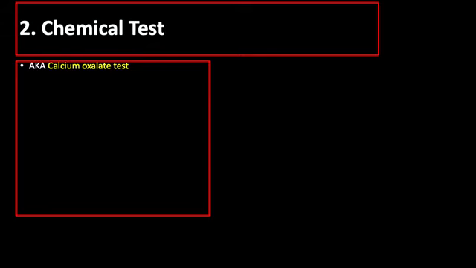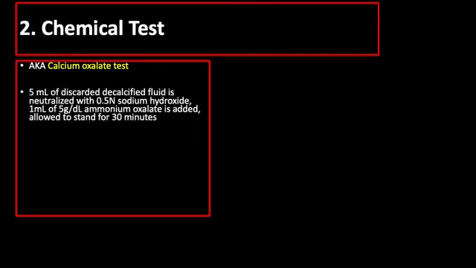So next is chemical test, also known as calcium oxalate test. So we already know that in decalcification, the decalcifying fluid is usually changed every 24 to 48 hours. So in chemical testing, 5 ml of discarded decalcified fluid is neutralized with 0.5 normal sodium hydroxide. 1 ml of 5 gram per deciliter ammonium oxalate is also added and allowed to stand for 30 minutes.